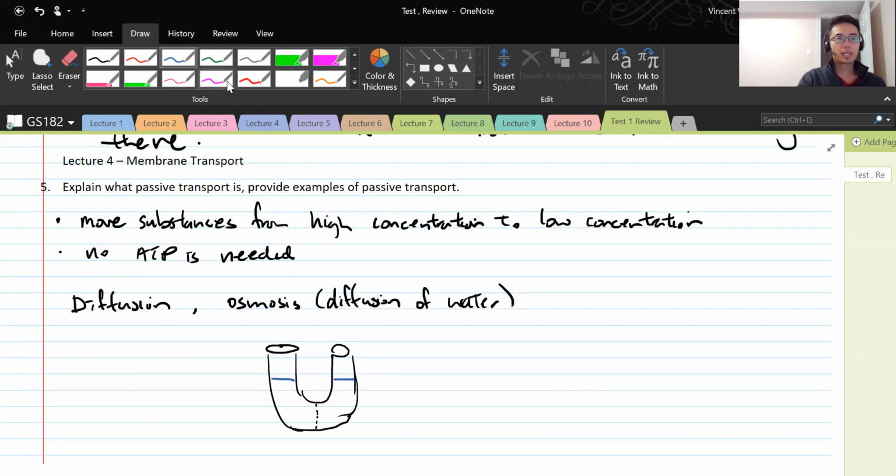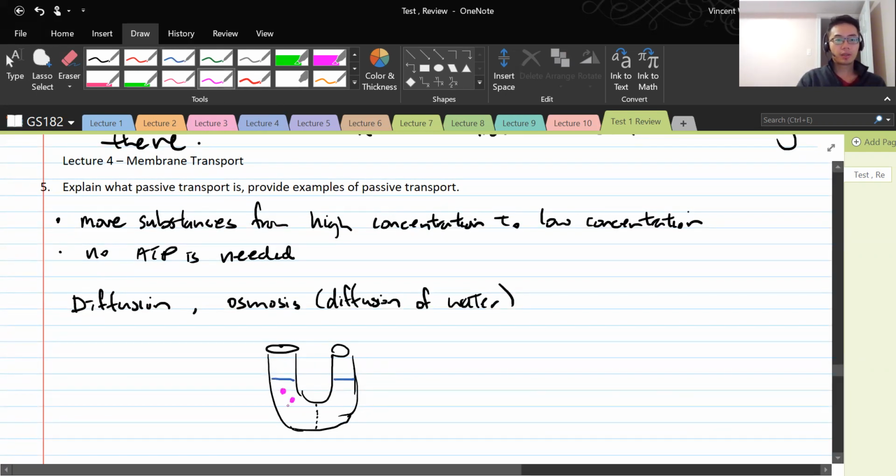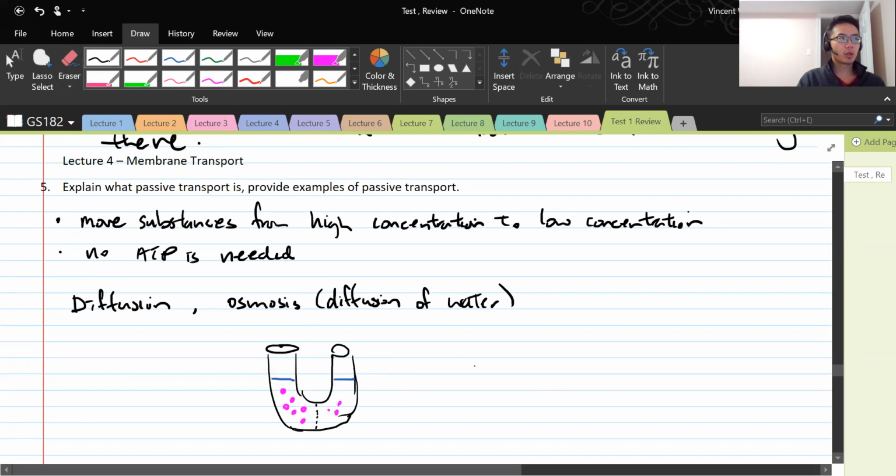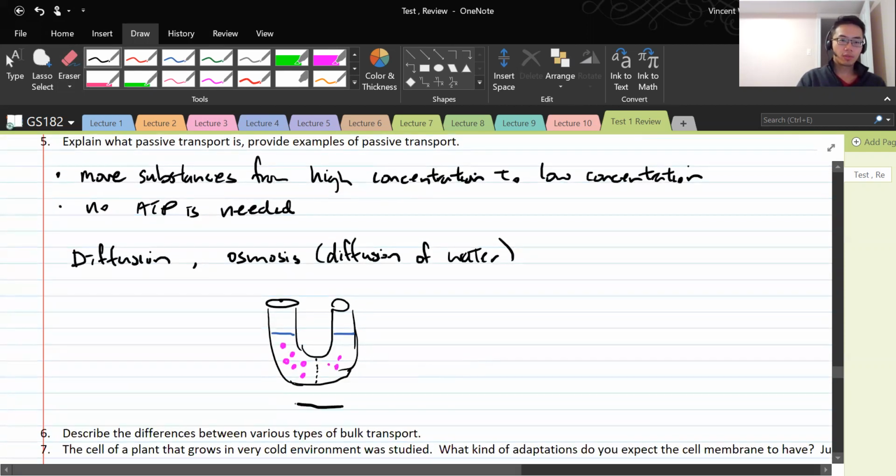We have water on both sides, and then we have solutes like that. Okay. Which way will the water go? Water is going to move this way, right? And it's going to move to the left to try to balance out the concentration. So that is osmosis, and it does not require energy.